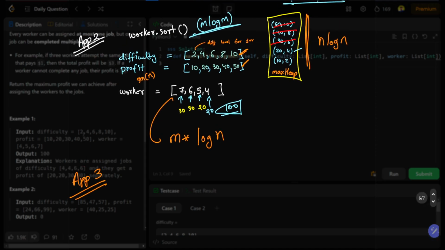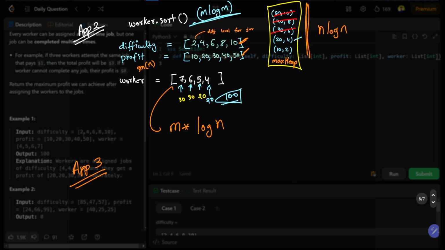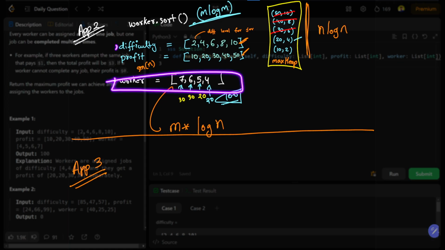Approach 3 says: don't create a heap. You can do binary search on this answer, because if this array can be sorted in increasing order, then instead of sorting one array, I can sort the pairs.